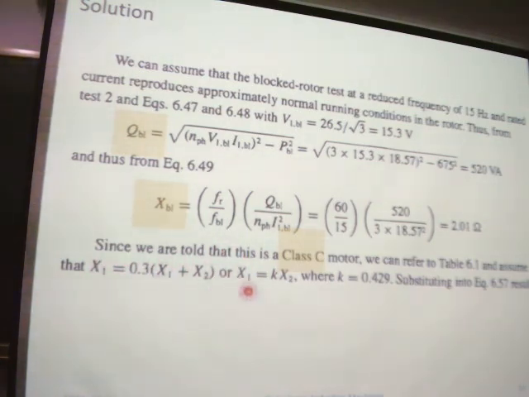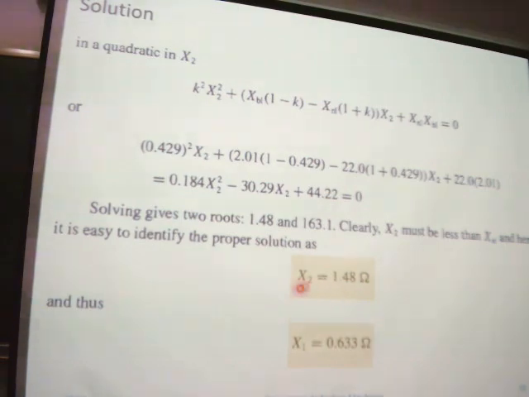So here we use class C, where the ratio is 3 over 7. The ratio is 3 over 7. So we can know the relationship between x1 and x2. Using the equations, we get a complicated equation.